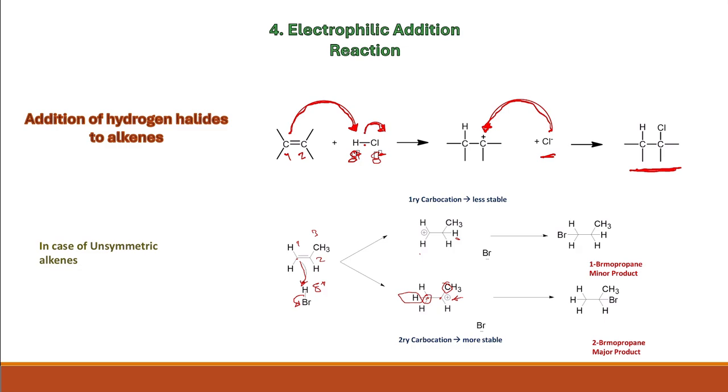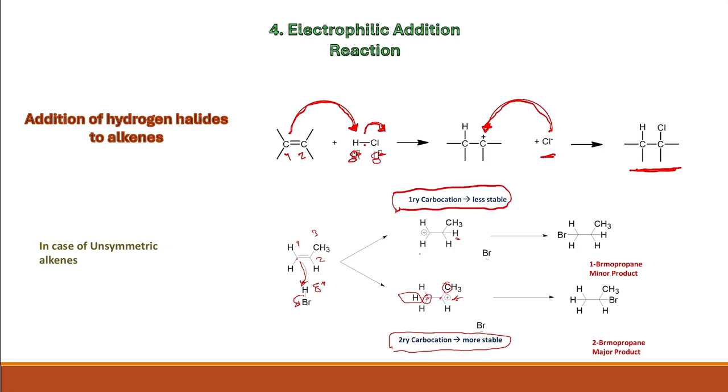We know that a secondary carbocation is more stable than a primary carbocation because of the inductive effect of the methyl group or of the hydrogen of the carbon, where they have a positive inductive effect. They push the electrons towards the positively charged carbon, so it increases the stability of the carbocation. So in this case, more of the secondary carbocation will be generated than the primary carbocation, which is less stable.